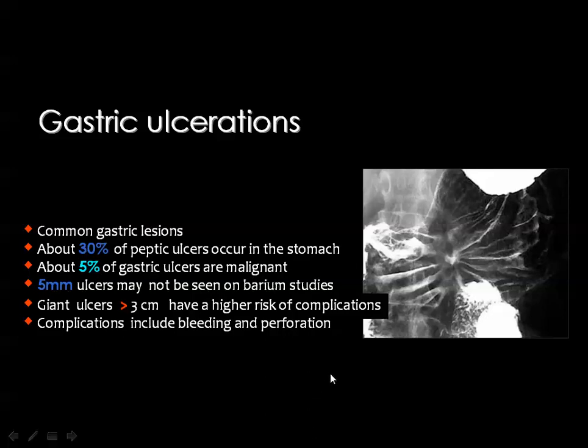If the ulcer is smaller than 5 millimeters, you cannot usually detect it by barium studies. And if the ulcer is larger than 3 centimeters, then the risk of complications is high. The complications, as you know, include bleeding and perforation.